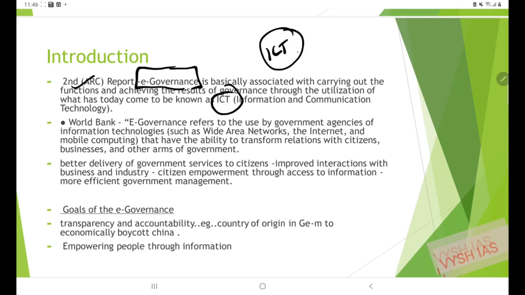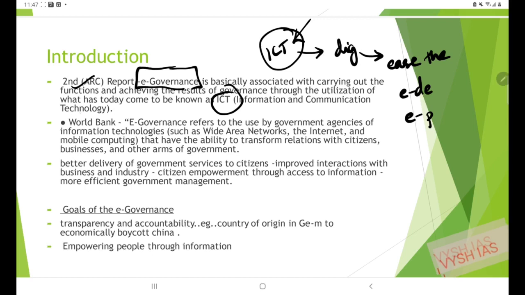Through digital technologies, the government is trying to ease the administration, like e-democracy, e-public service delivery and e-services. Information and communication technologies are used to ease the governance process and increase administrative efficiency.